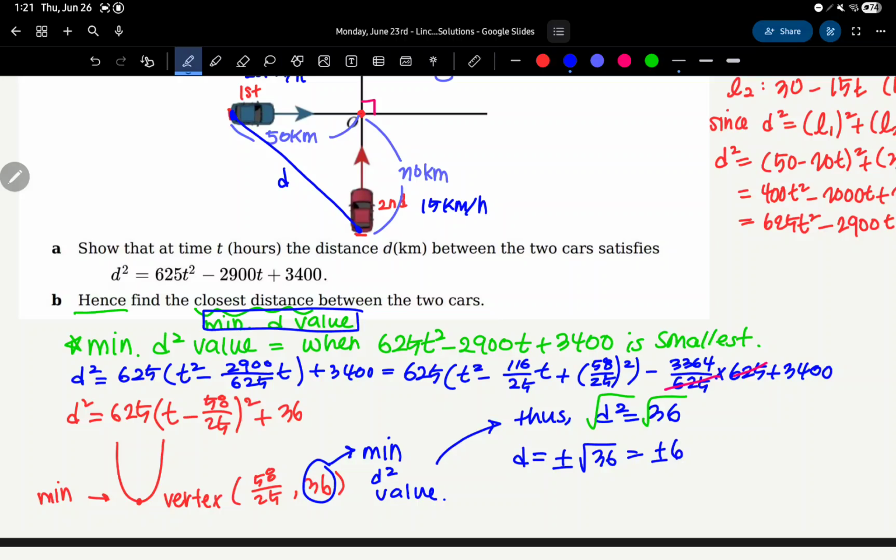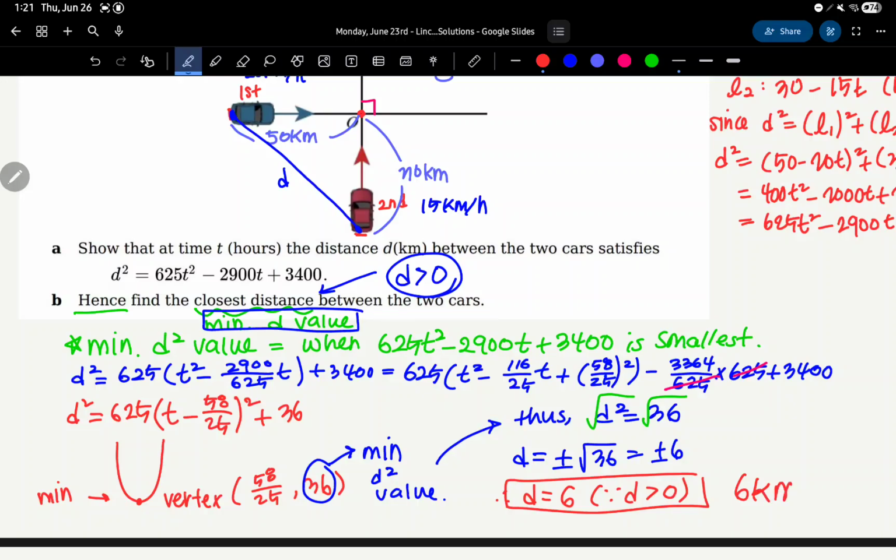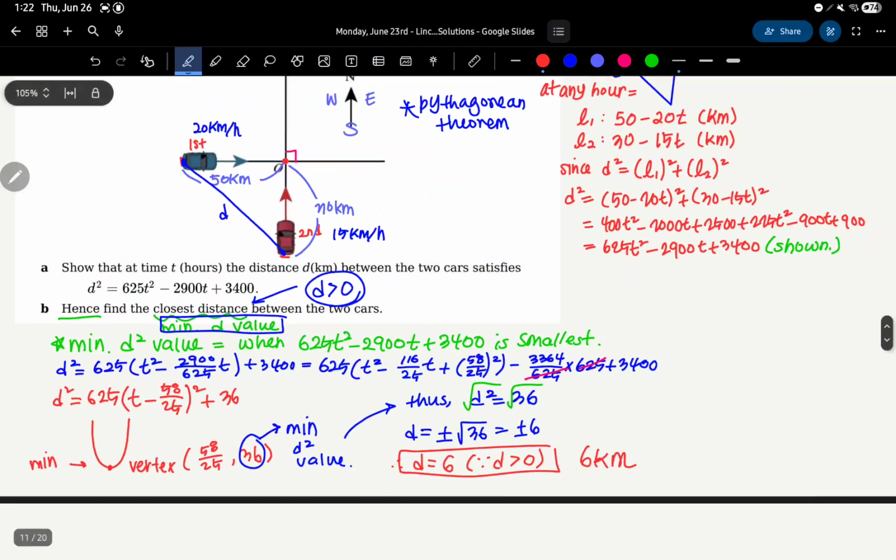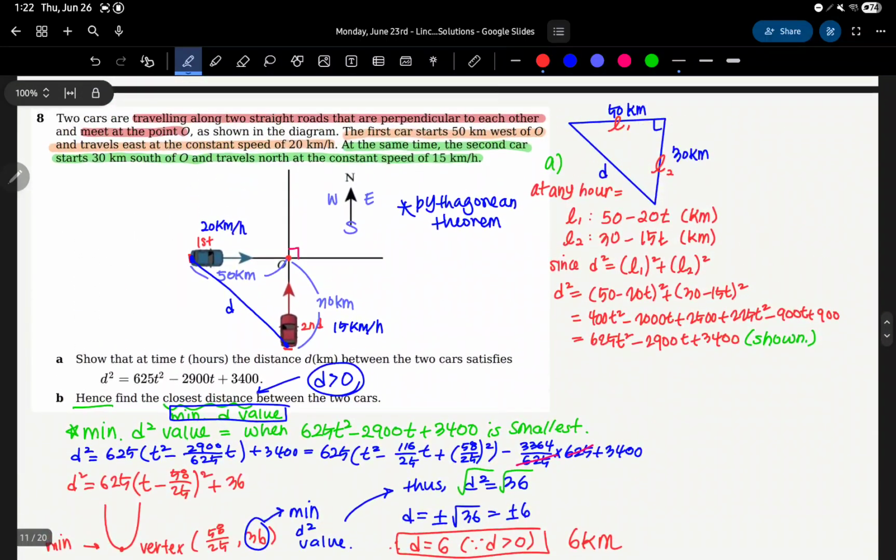And how do we know if it's plus or minus? Because distance is always greater than 0, right? So we're gonna say d is equal to 6 because d is always greater than 0. So that is gonna be your answer. It's gonna be 6 kilometers. Yeah, that was a tricky one, right?